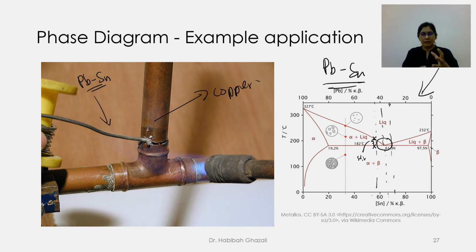Some of the liquid will start to solidify at a certain temperature and some will solidify at another temperature. So they will have room to adjust the copper pipe while they're soldering the pipe together. That is one example of how we can choose which composition we need to use for each particular application.